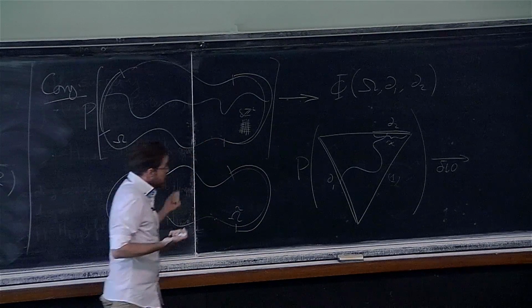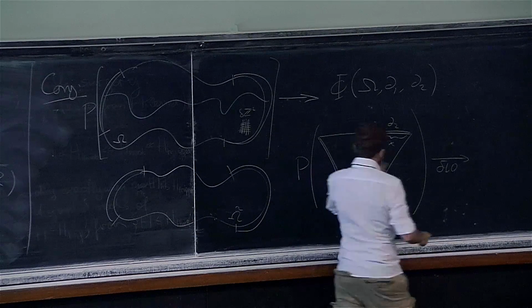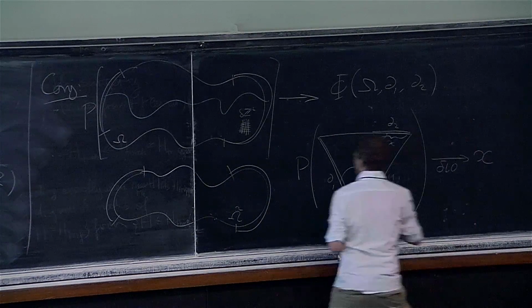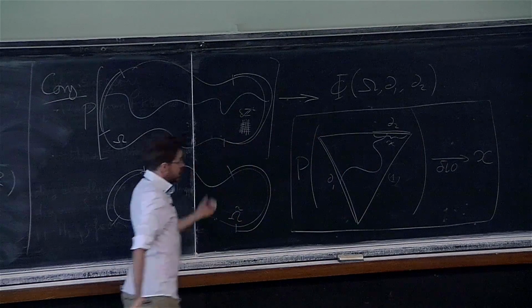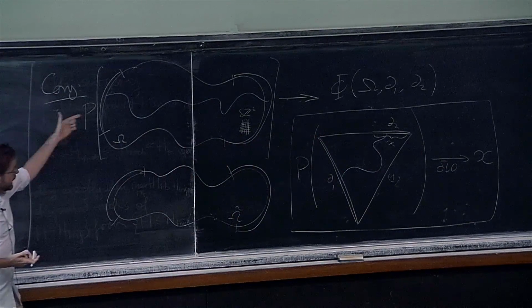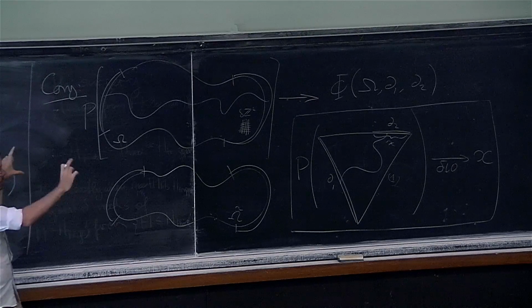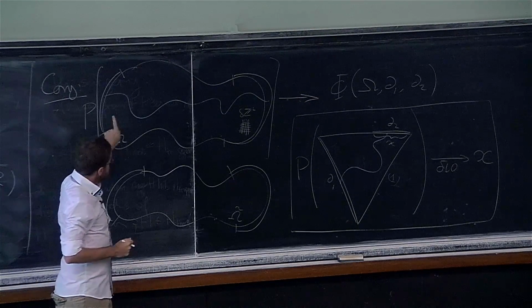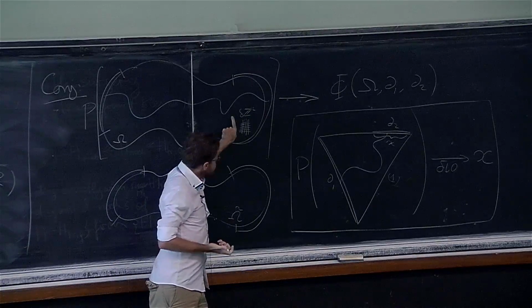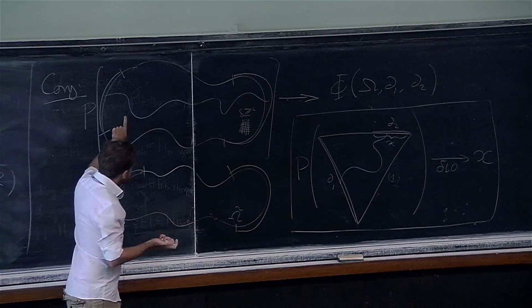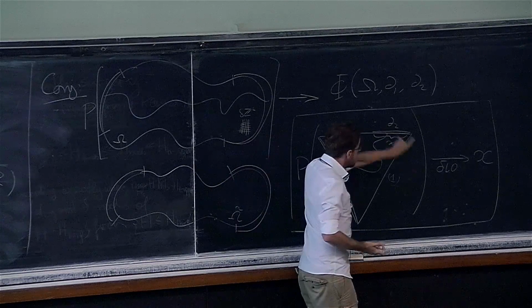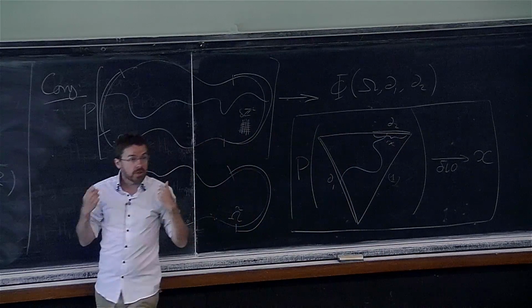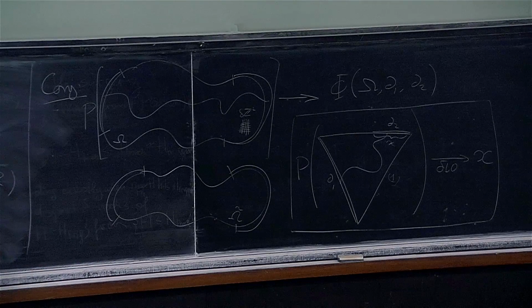And it's very difficult to guess, but it's true that the limit is expected to be x. So this is the big conjecture about percolation, that if you take any domain with 4 marked boundary points, if you want to compute the limit of the crossing probability, what you do is you map the domain conformally to the equilateral triangle, and you measure the length of delta 2, and it gives you the limit of the crossing probability.